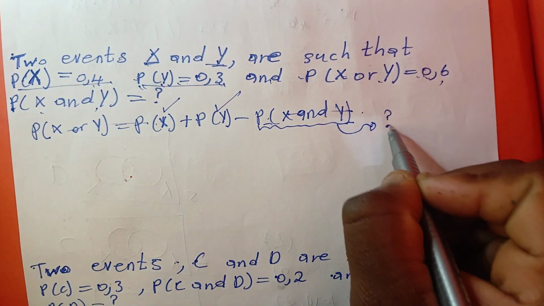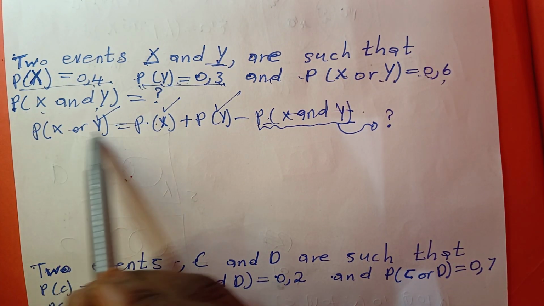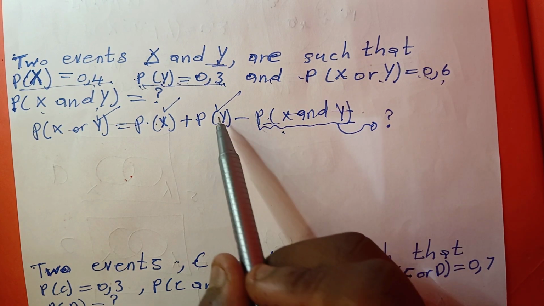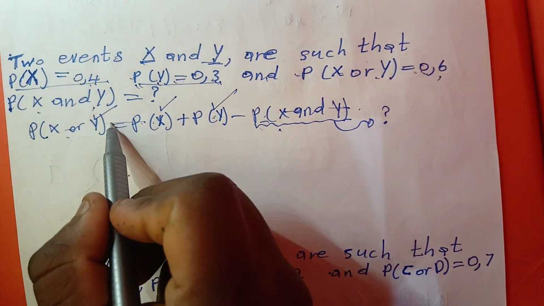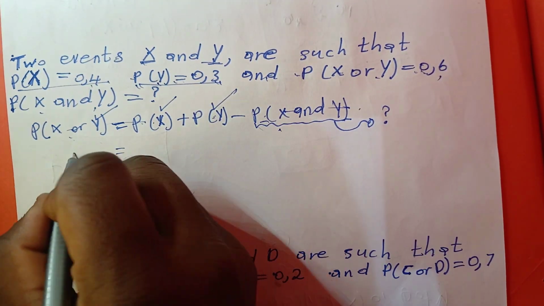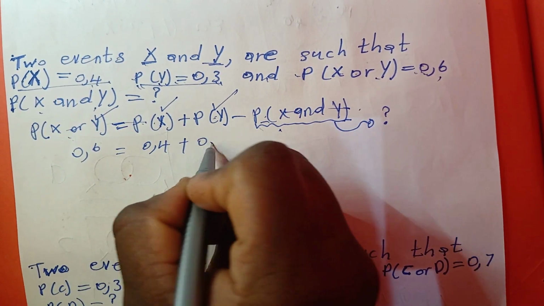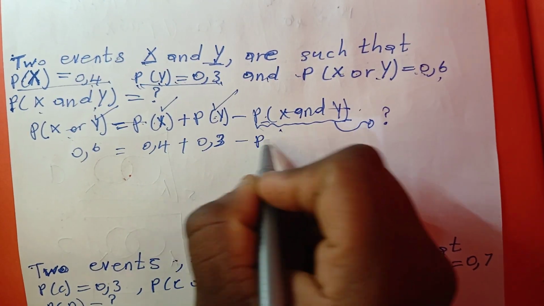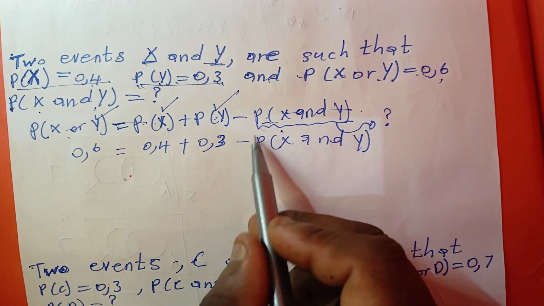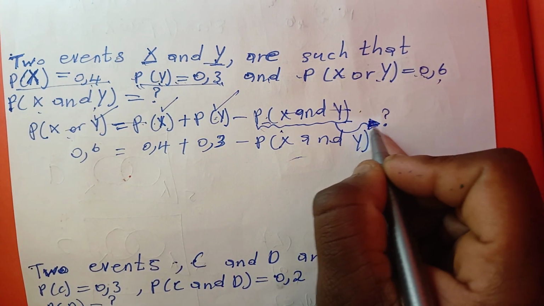You can see in this equation we only have one unknown value. If you have one unknown value in the equation, it means that you can solve it using your algebra skills. So let's substitute and solve it using algebra.